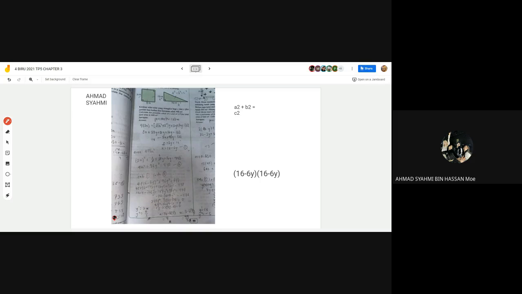Since this one still can be simplified, you will get 5y squared minus 16y plus 12. Yes. This one you divide by 48, but you can divide by 12 first, because 48 is very big. So before I get this one, (y minus 2)(5y minus 6) equals 0.